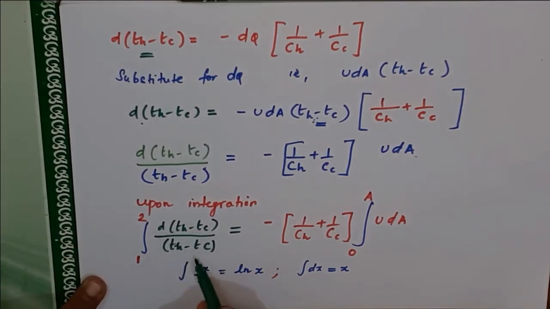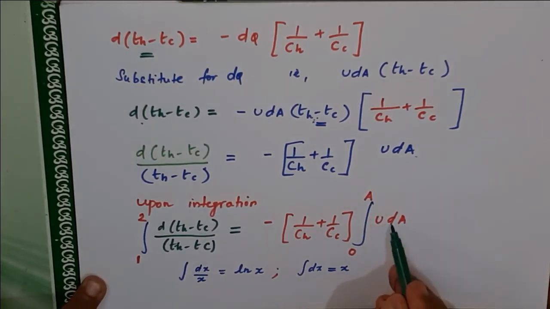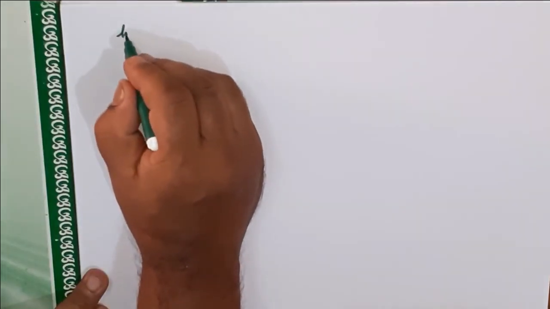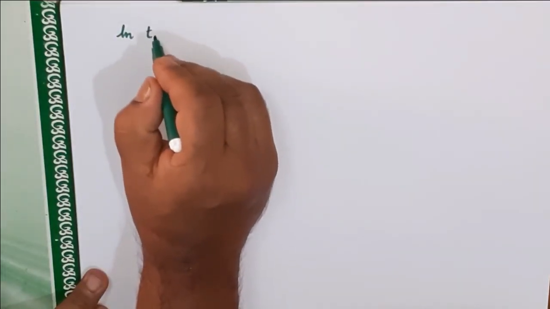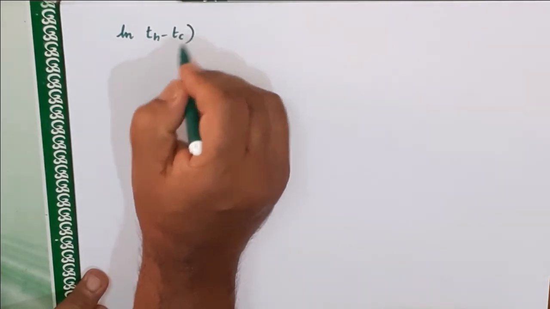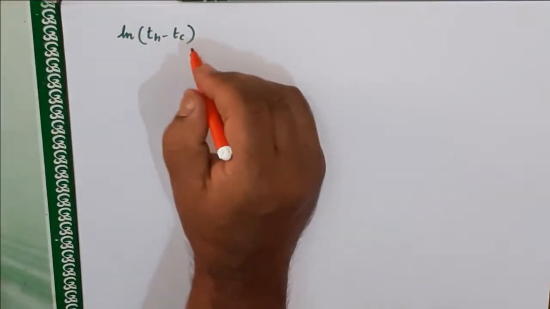So dx by x gives ln of x. Ln of x is ln of TH minus TC. Integration with respect to dA is A. Integration is ln of TH minus TC. You apply the limit, the inlet condition of the heat exchanger.